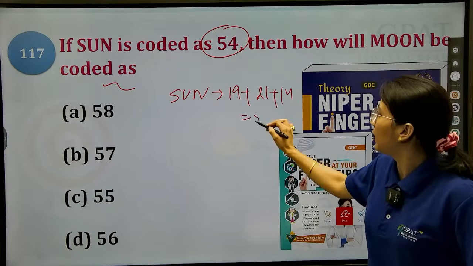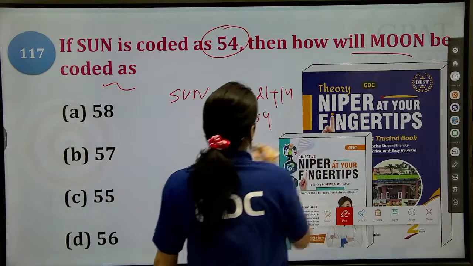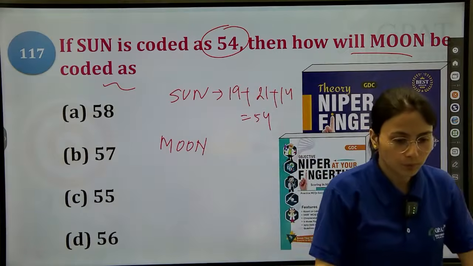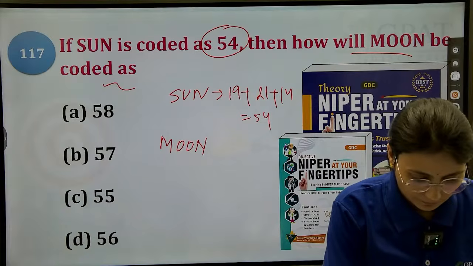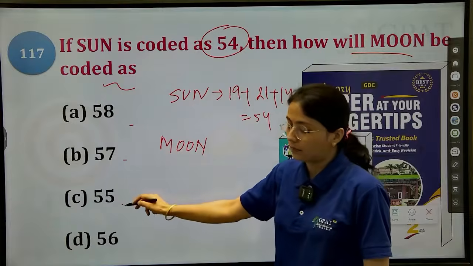When you add, you will get 54. Similarly, you can code for MOON. So what is the answer? 58, 57, 55, 56.